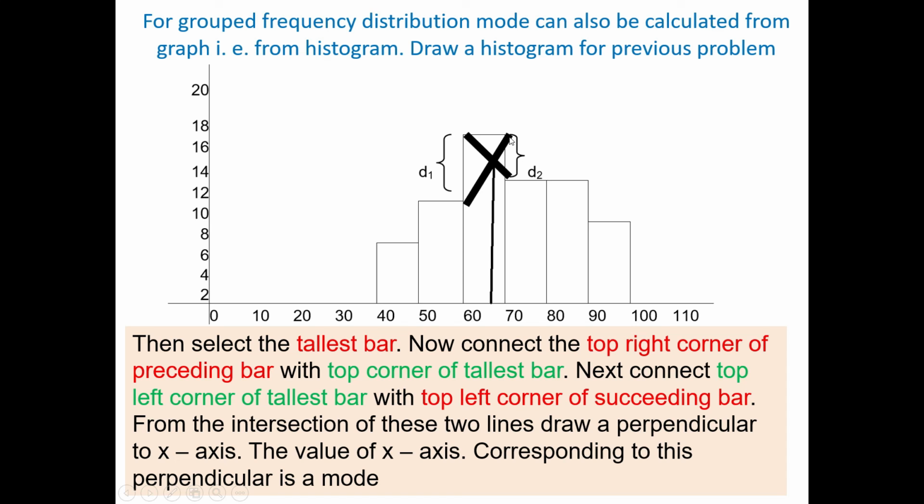My drawing is not so good. The intersection of these lines gives us the value. We draw a line down from this intersection point, and that is our mode, around 66.